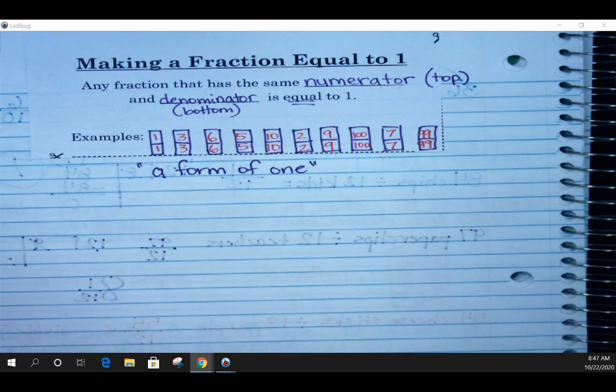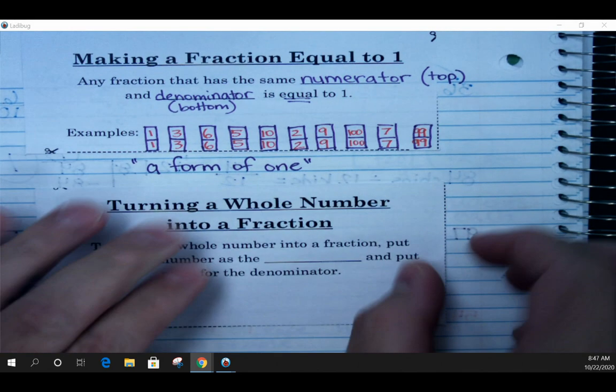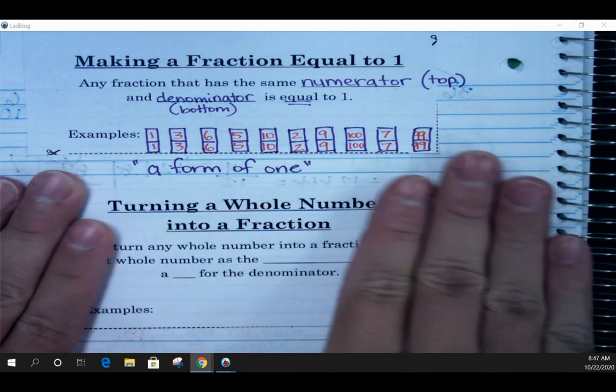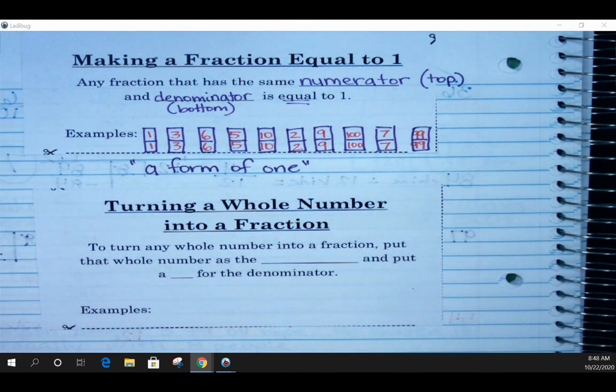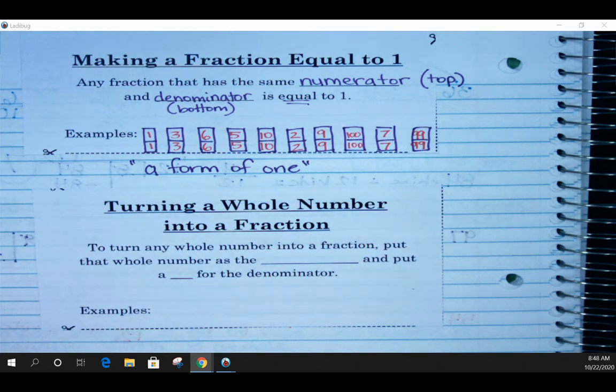That equals 1. It's a form of 1. Now we're going to talk about turning a whole number into a fraction.